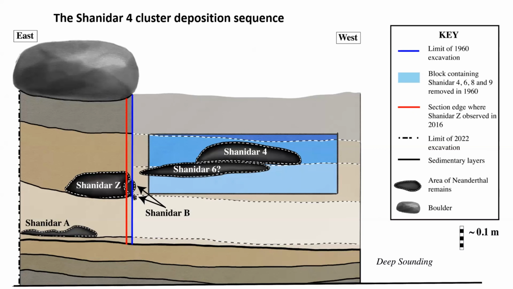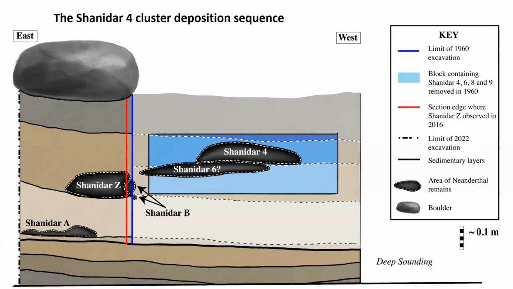So if we work up from the bottom, we've got Shanidar A, that scapula, those ribs, the scatter of teeth and the hand, with a good gap between those and Shanidar Z. So we've got Shanidar Z then here, placed in the ground subsequently, probably then partly disturbed, and Shanidar B, those fragmentary bits of the left shoulder, the ribs that are still articulated, likely there and likely put on top. This then represents the block that was taken out by Selecki's team in 1960.